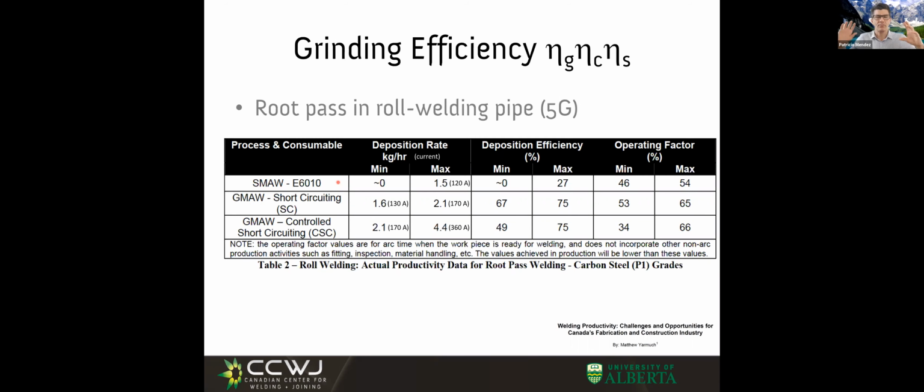They measured how many pounds of electrode they had, and then how many pounds of metal ended up in the weld. Right? And then the efficiency is how much is in the weld divided by how many electrodes you bought. Okay, in this province, Alberta, what is the efficiency of root passes with 60-10?